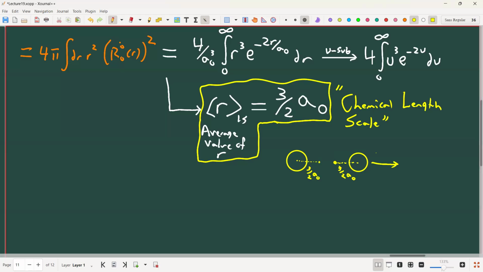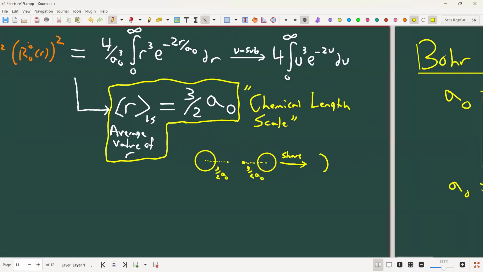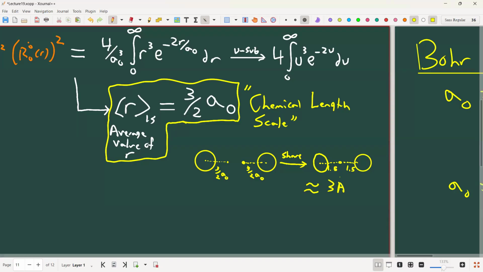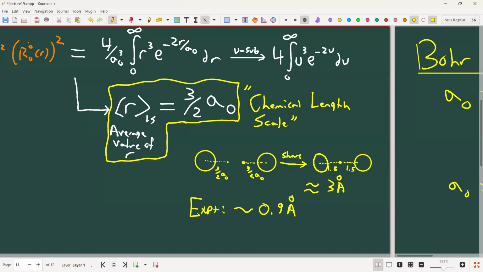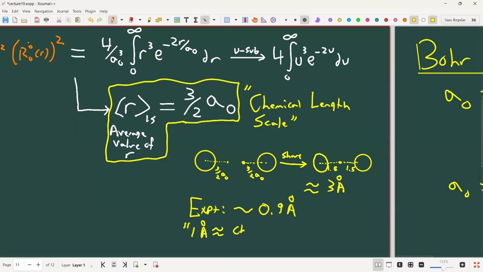Then if we share the electrons and think that they're like equivalent, then the distance from here to here is 1.5, 1.5. This says that it's around 3 angstroms, right? Which is a little high, but experimentally, it says that the bond between two hydrogens should be on the order of about an angstrom. Experimentally, it's about 0.9 angstroms, right? So the idea is that 1 angstrom is like a chemical bond, right?